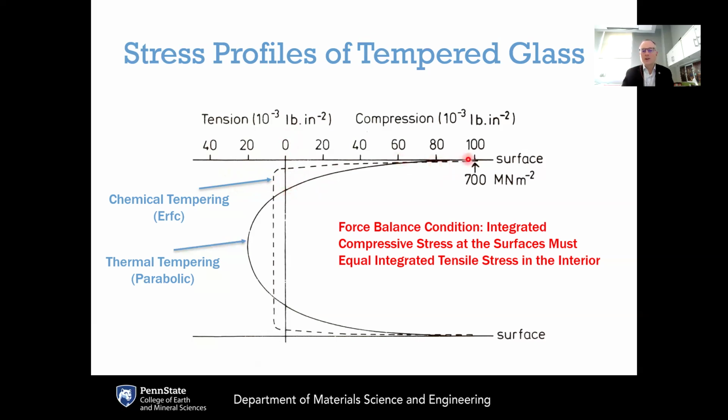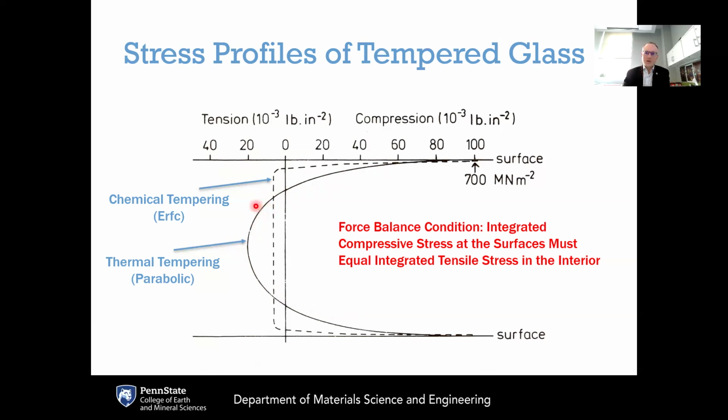And so the greater the magnitude of the compressive stress and the deeper this depth of layer, that corresponds to the crossover between compression and tension, that provides better mechanical performance. Now, with thermal tempering, this follows a parabolic stress profile.